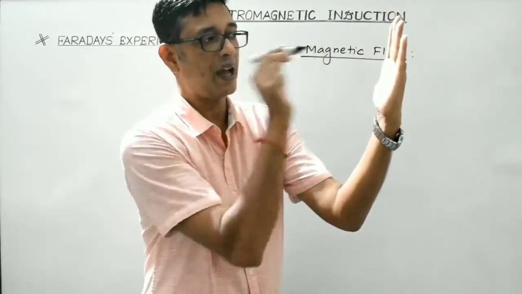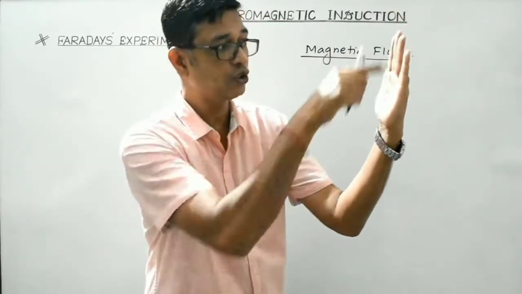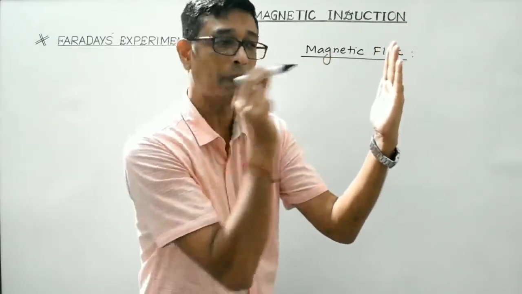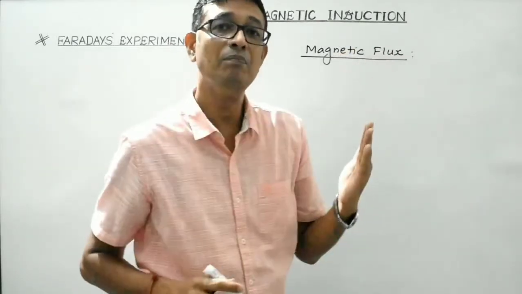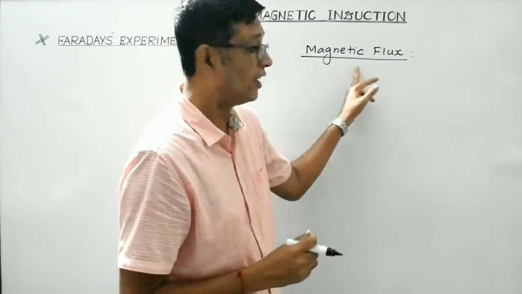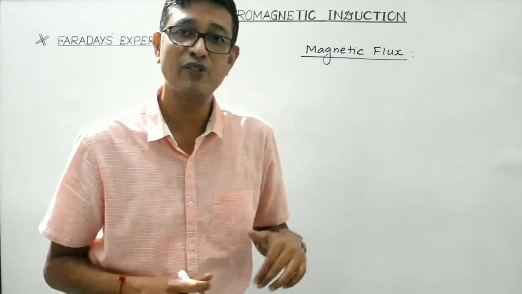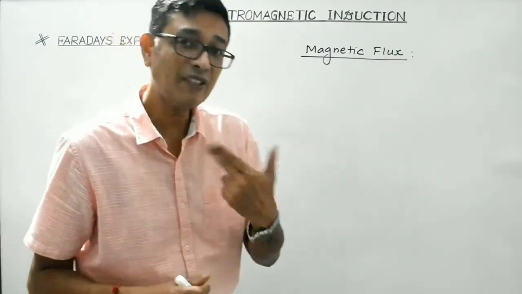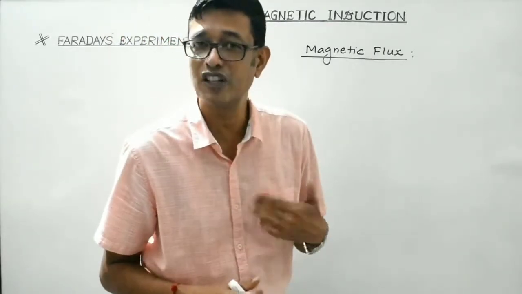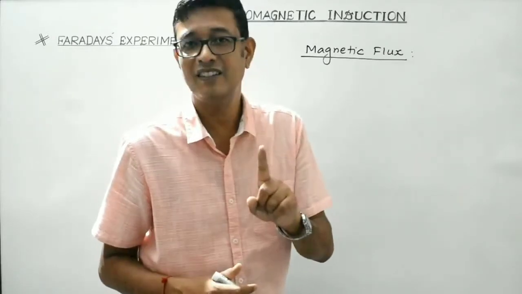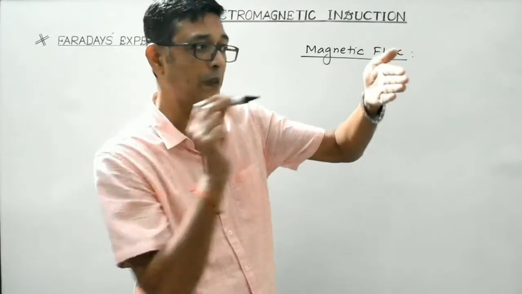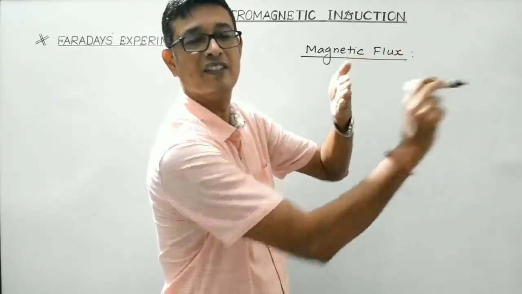The total number of magnetic field lines crossing through this surface perpendicularly gives the measure of the magnetic flux. Again I repeat, flux is a term associated with a surface. Magnetic flux associated with a surface held in a magnetic field is measured as the total number of magnetic field lines crossing through that surface perpendicularly or normally.